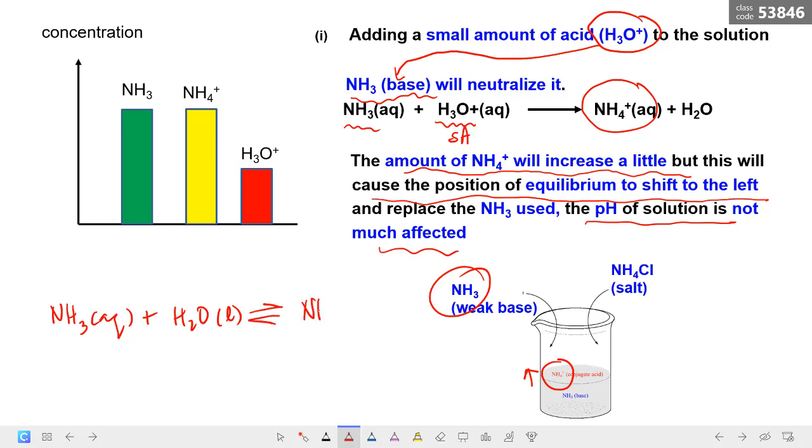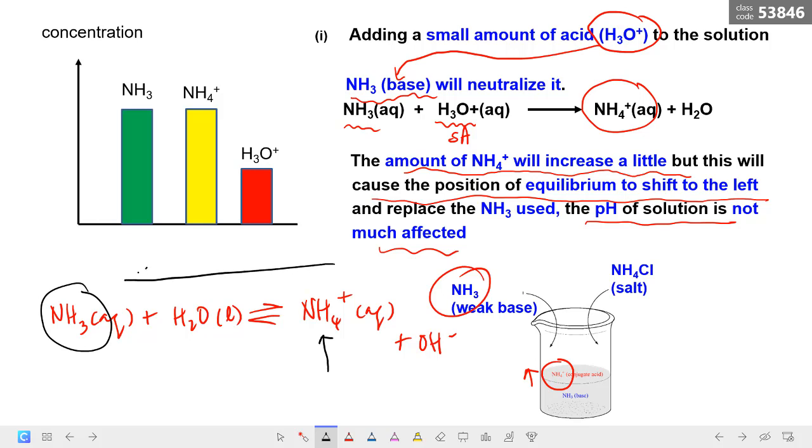Okay, so dia akan menghasilkan ammonium ion dan juga OH minus, tetapi penceraian ini terlalu sedikit. So kita tambah lagi concentration daripada ammonium ion tu daripada neutralization, dan ammonia tu pula masih lagi undergo slightly dissociation. So equilibrium position tetap shift to the left.